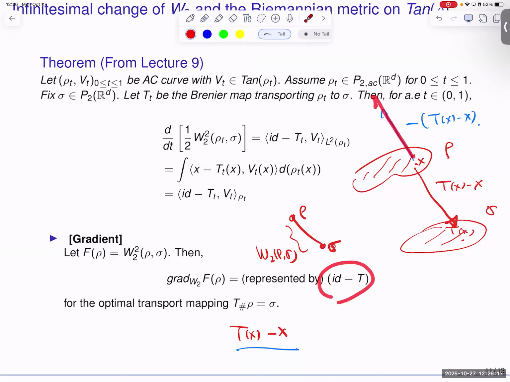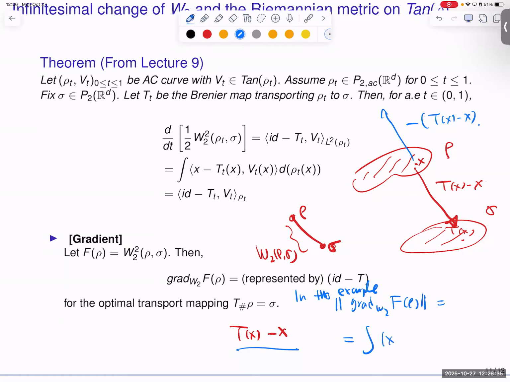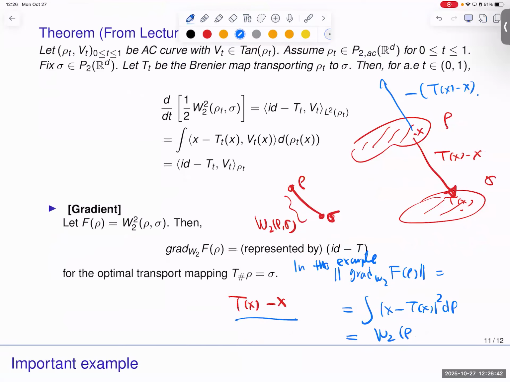And what's the size of it? In this example, it's nothing but the integral of |x minus T(x)| squared d rho, which is nothing but W2(rho, sigma) squared.